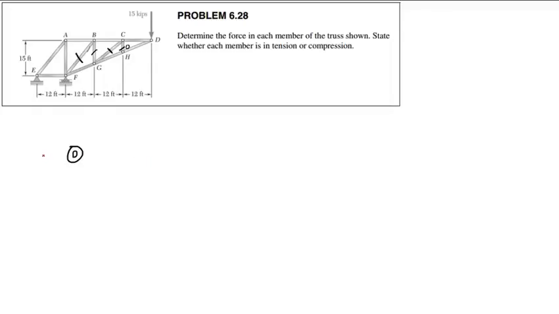Let's solve this here. So I'm going to have FCD here, and FDH, and then 15 kips, and 15 kips. Here. Let's see.